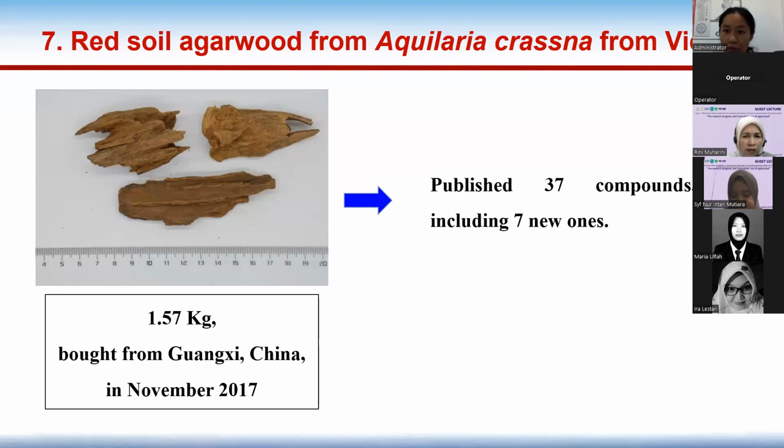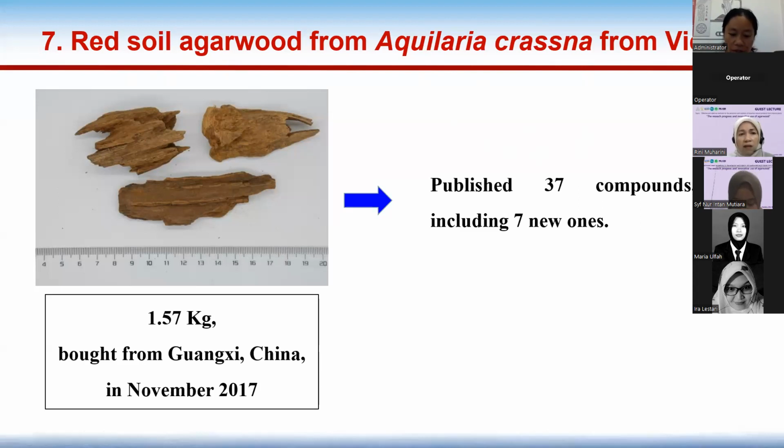It is formed only from Aquilaria crassna. Because in one city, on the mountain, there were a lot of Aquilaria crassna trees before, but because of the Vietnam war, a lot of trees fell down and were buried in the red soil, and then until now, some red soil agarwood is produced.